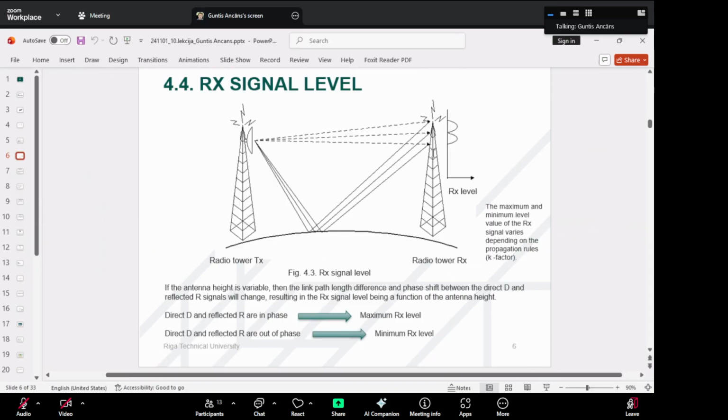So basically, if signals are out of phase, they minimize the receiving signal due to this phase shift.